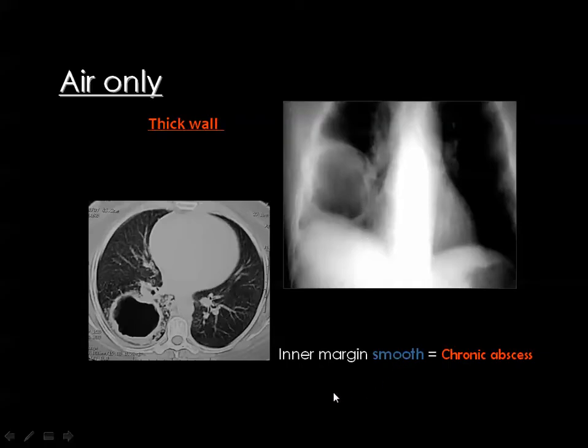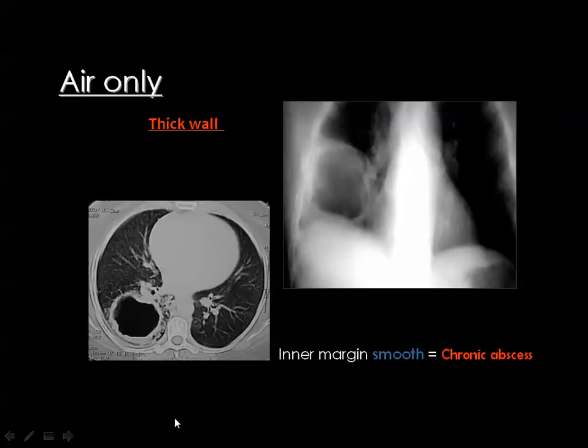If the wall is thick, you have 2 possibilities. If the wall is thin, you have 2 other possibilities. The thick wall cavity containing air in the lung is diagnostic of a chronic lung abscess.